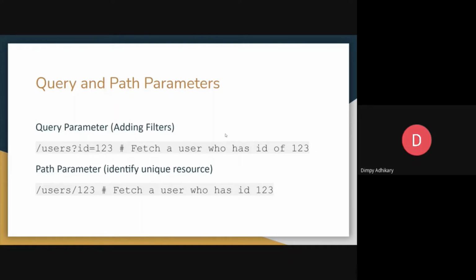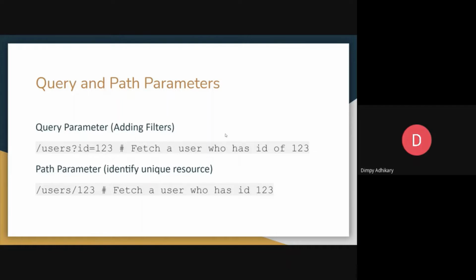For example, if users has other fields like name or phone number, you can add users question mark ID equal to 123 and phone number equal to 123456 and name equal to Manju. So it will filter the records based on those parameters and return them. If it is not finding any, maybe it will throw an error.